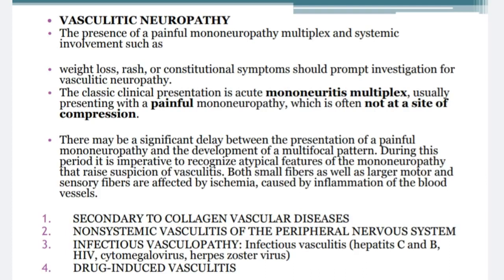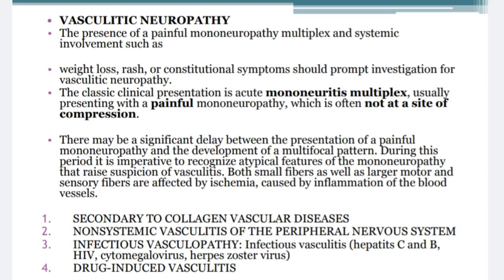There may be significant delay between the presentation of a painful mononeuropathy and the development of multifocal pattern. During this period, it is imperative to recognize atypical features of mononeuropathy that raise suspicion of vasculitis. Both small fibers as well as larger motor and sensory fibers are affected by ischemia caused by inflammation of the blood vessels.